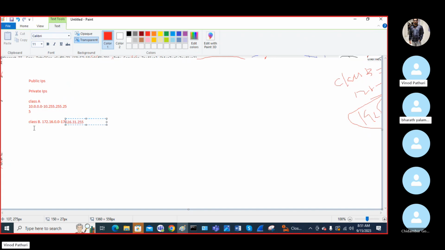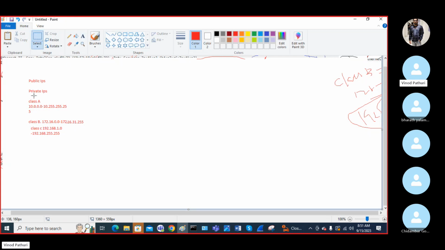And class C is 192.168.1.0 to 192.168.255.255. So these three are the class A, B, and C ranges of private IPs.